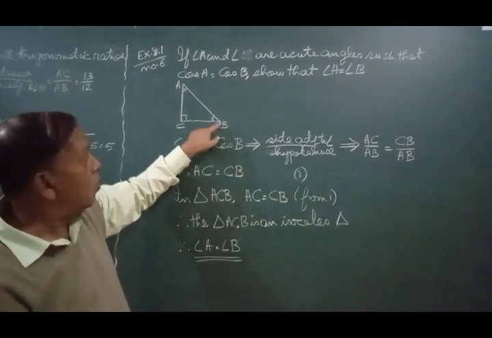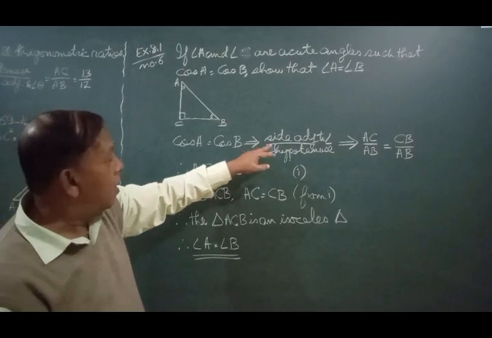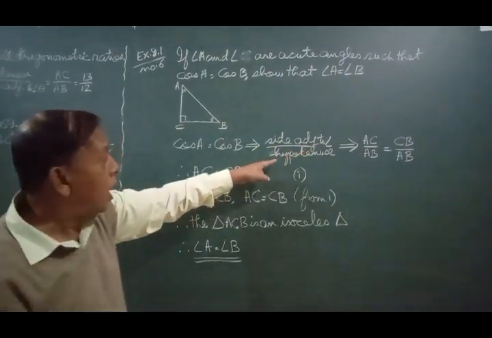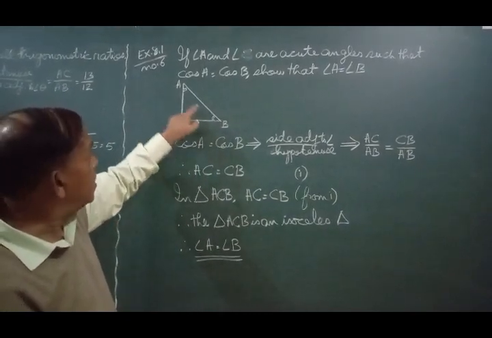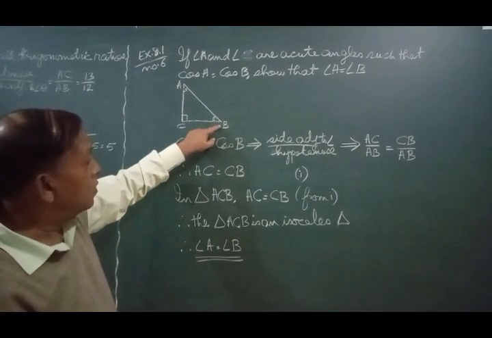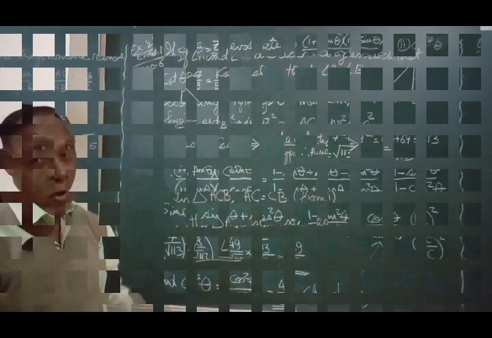Cos B again is side adjacent upon hypotenuse, and here the adjacent is CB.